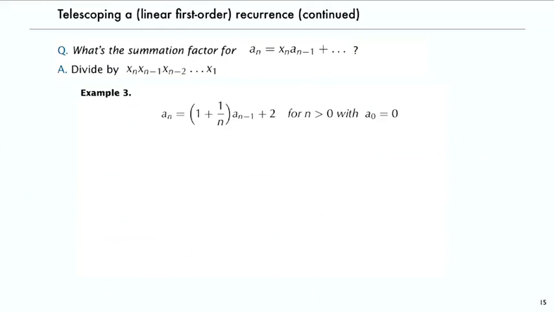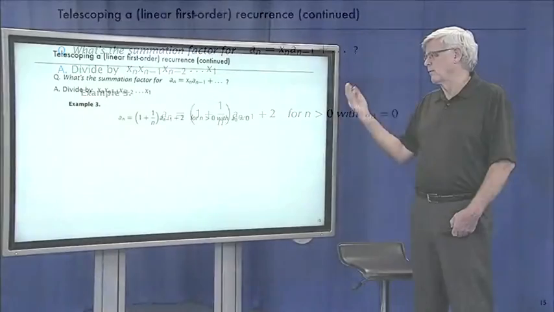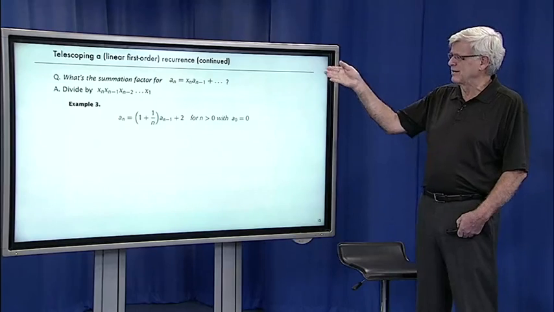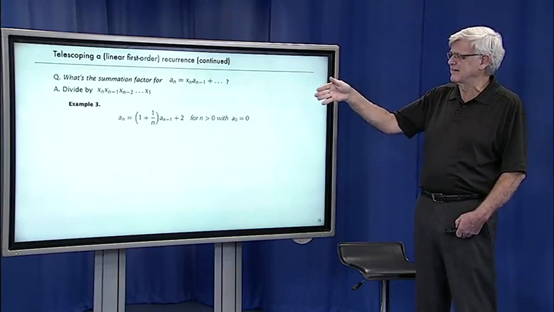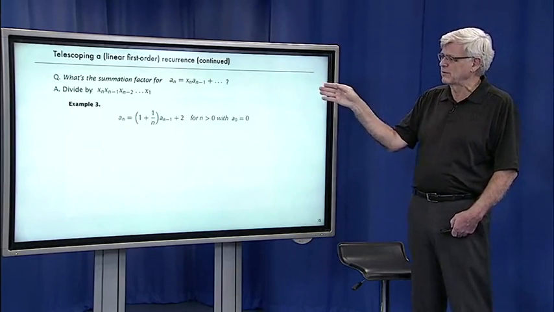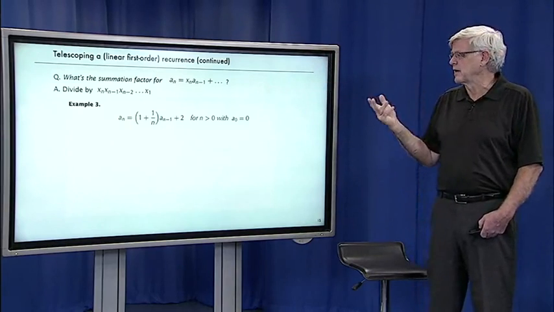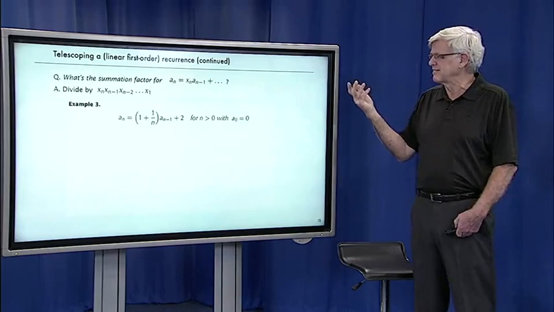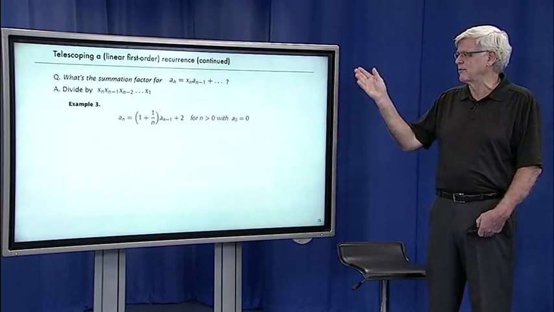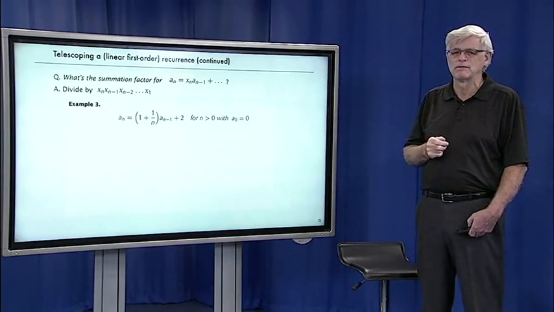All we do is divide both sides by the product x_{n-1}, x_{n-2} down to x_1. On the left you're going to have a_n over that product, and on the right you're going to have a_{n-1} over that same product, but the x_n cancels, so it's the product going up to n minus 1. So again, your first term on the right is equal to your first term on the left, but with n replaced by n minus 1.